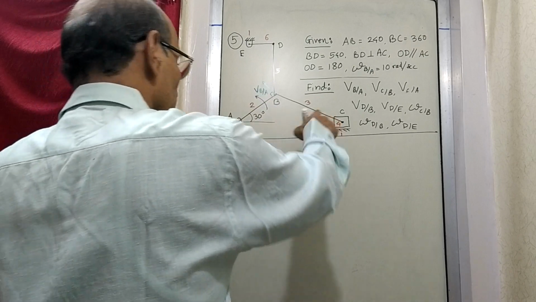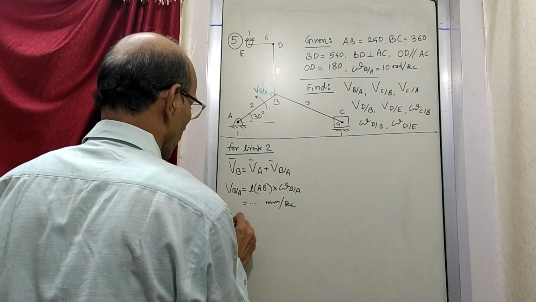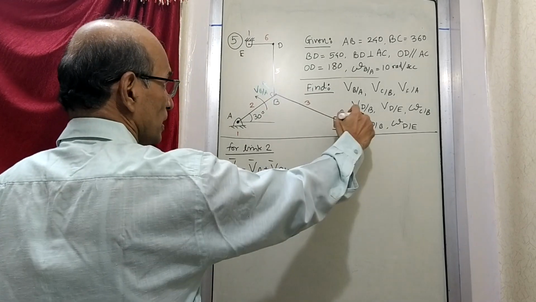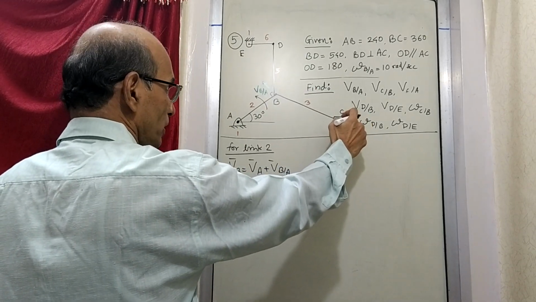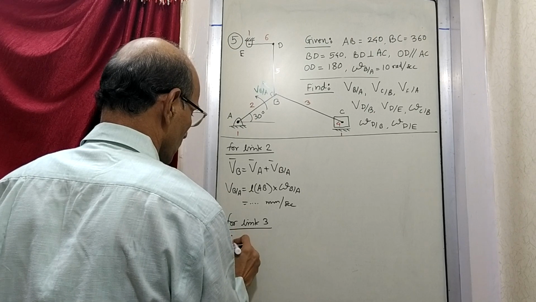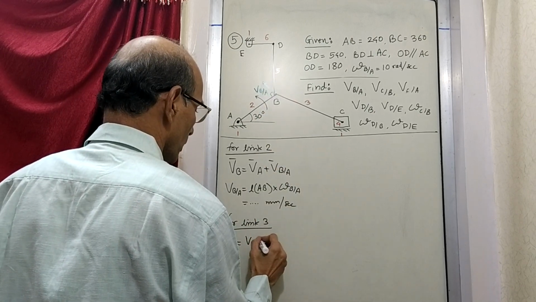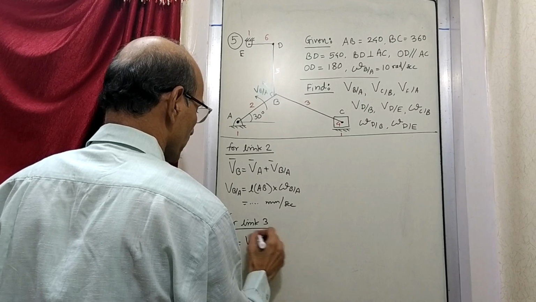Now we can go to link 3. For this link, velocity of some other, unknown point is equal to velocity of a known point plus velocity of unknown with respect to known.